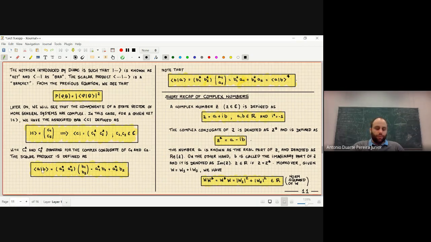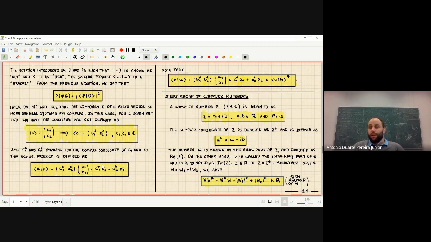To compute the bra associated with A, I have to transpose and take the complex conjugate. The complex conjugate of A1 is A1 star, of A2 is A2 star, and then I perform this product. I get A1 star times B1 plus A2 star times B2, and I get this result here.